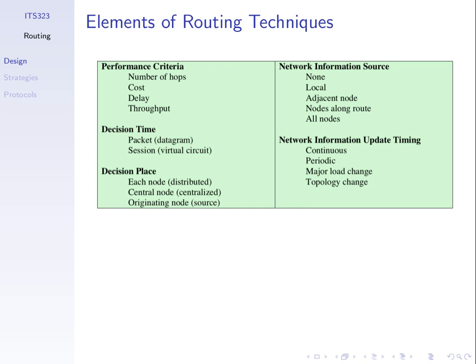And centralized is there's some special node that does the decision making for all the nodes. So, for example, node 1 wants to send to node 6, it asks the central node, it tells it, send to node 4. Sends the packets to node 4. Node 4 has packets destined to node 6, asks the central node, says send to node 5, and therefore sends to node 5. So that's a centralized approach.